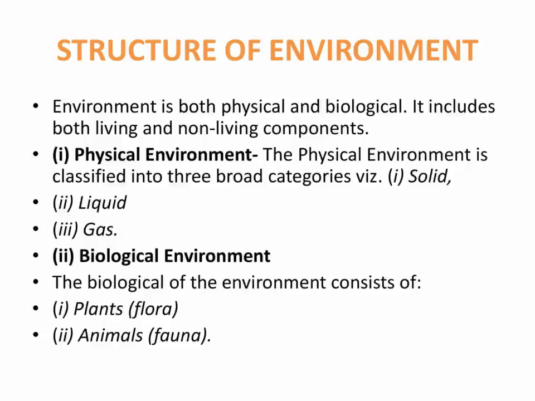For understanding, scientists have classified them into smaller units at different spatial scales: mountain environment, glacial environment, plateau environment, and coastal environment. Biological environment consists of plants, that is flora, and animals, that is fauna.